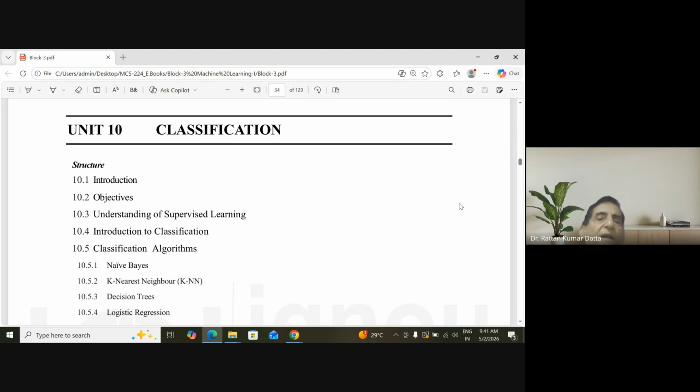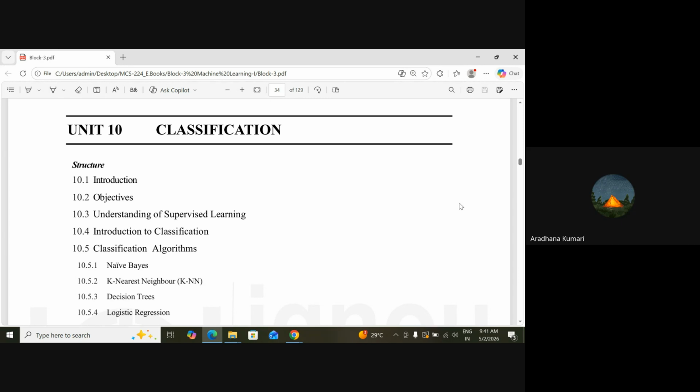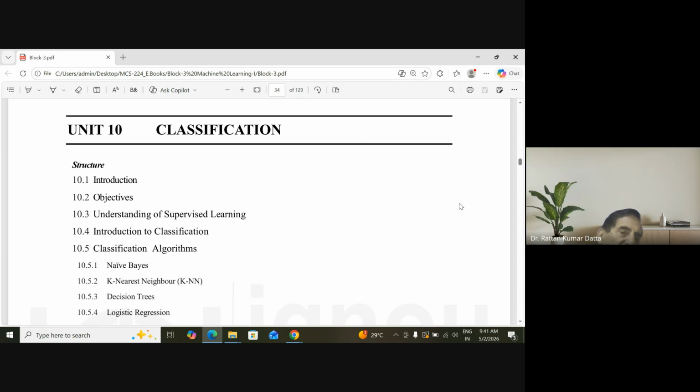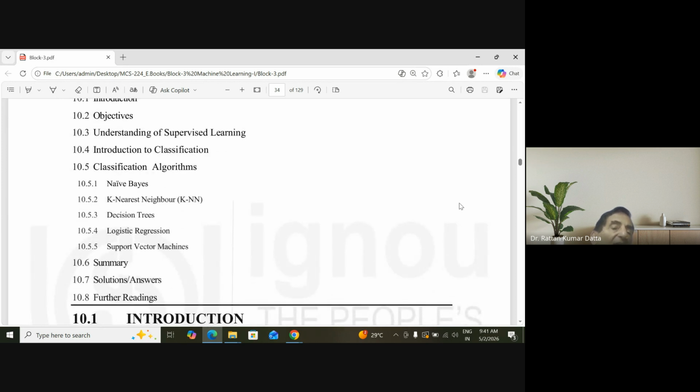Okay, fine. Classification. So this is Unit 10, classification. It's basically talking of supervised learning, introduction to classification and classification algorithms: naive Bayes, k nearest neighbors, decision tree, logistic regression, and support vector machines.